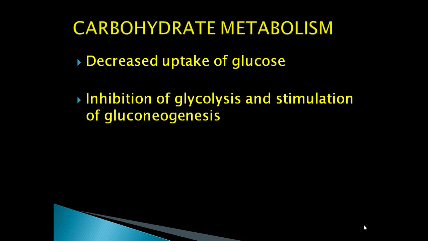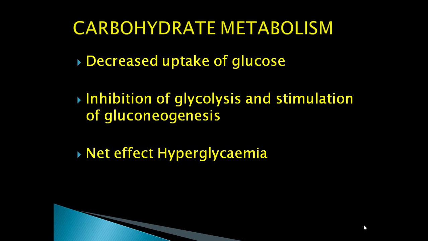So all these factors lead to the net effect of hyperglycemia. There is defective or decreased uptake of glucose in the tissues and utilization of glucose in the tissues. So the glucose remains in blood, and also there is stimulation of glucose synthesis in the liver.